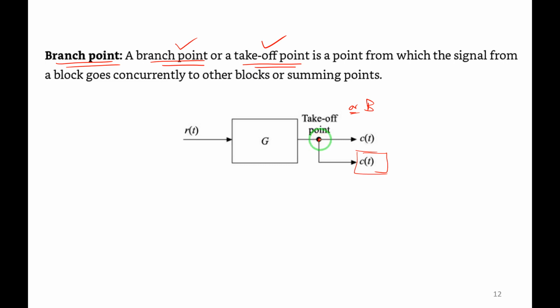In the diagram it is visible, but how to define it, that I am telling. So branch point or takeoff point is a point from which the signal from a block goes concurrently to other blocks or summing points. It may go to other block or it may go to some other summing point like this.